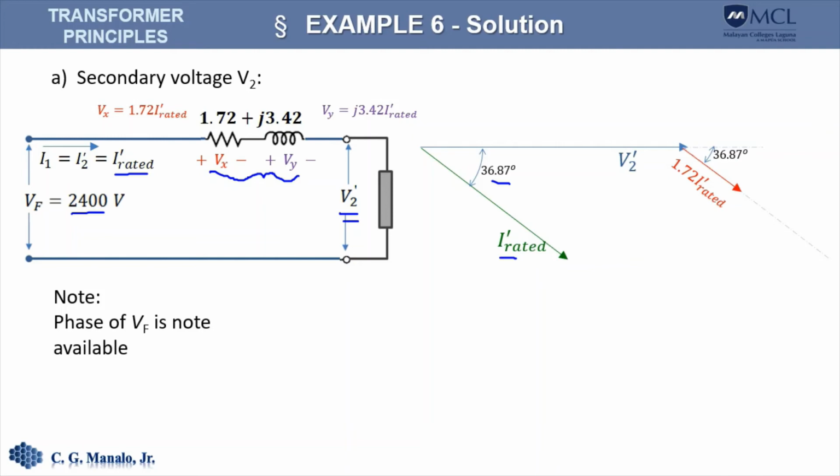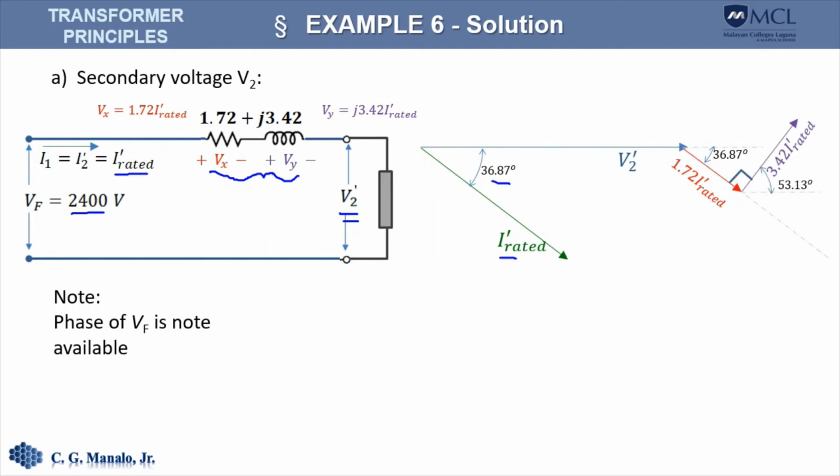How about V sub y, the voltage across the inductive component? Well, it is an inductor, so therefore the voltage across there should be leading the current that flows in there. So therefore we can draw V sub y in this manner.